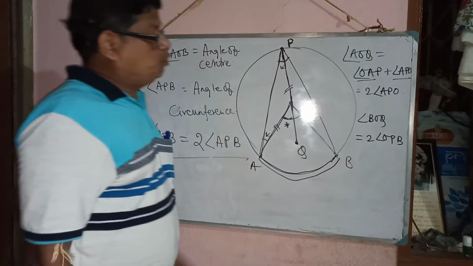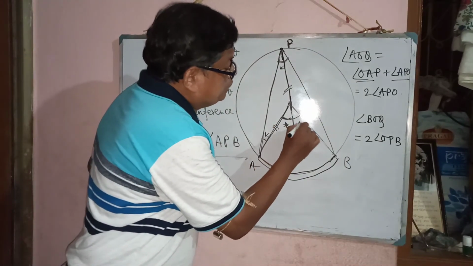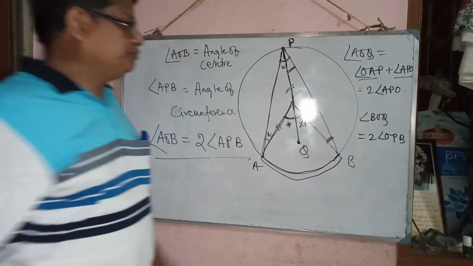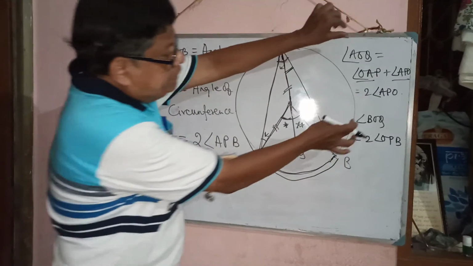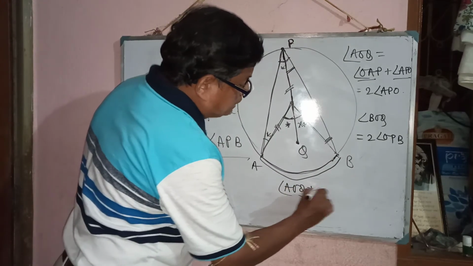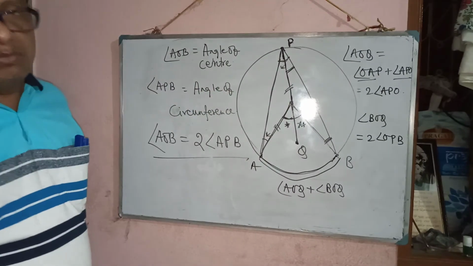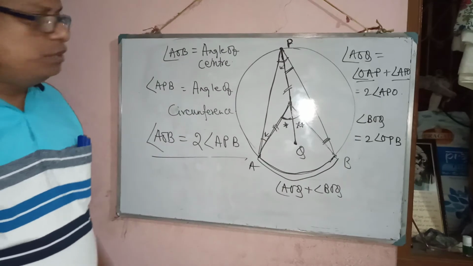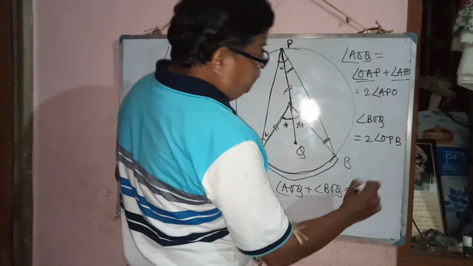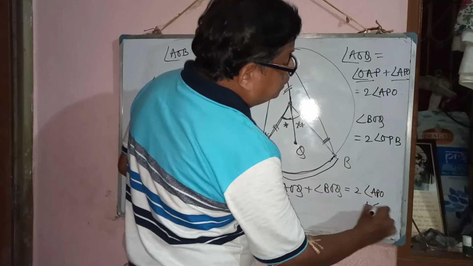This angle equals the sum of these two angles. Now you have to join these two: AOQ plus BOQ equals 2 into APO plus 2 into OPB. Take 2 common: 2 times APO plus OPB.